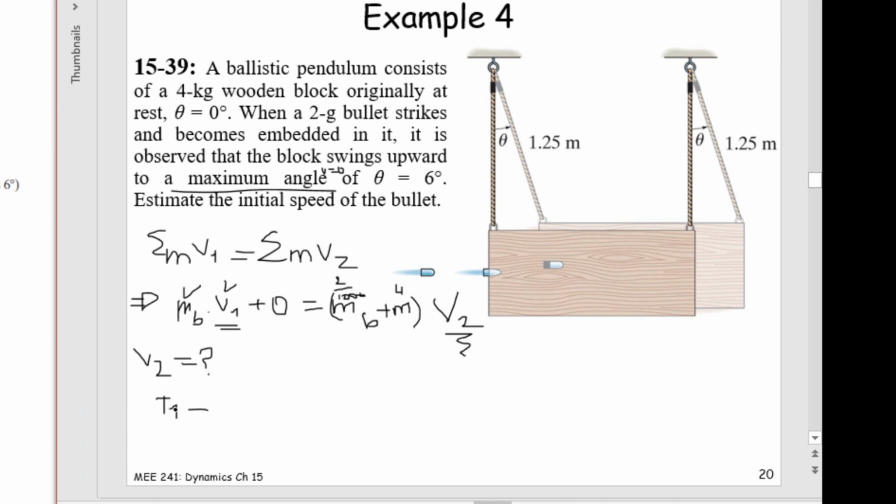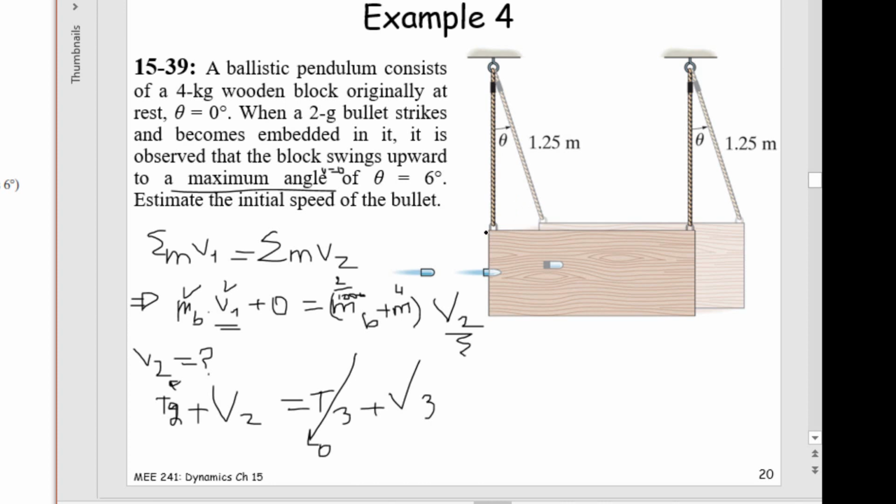So T2 plus V2, and by V2 I mean the potential energy and not the velocity, is equal to the kinetic energy T3, when theta is equal to 6, plus V3. This kinetic energy is equal to 0 because it is at the maximum angle.